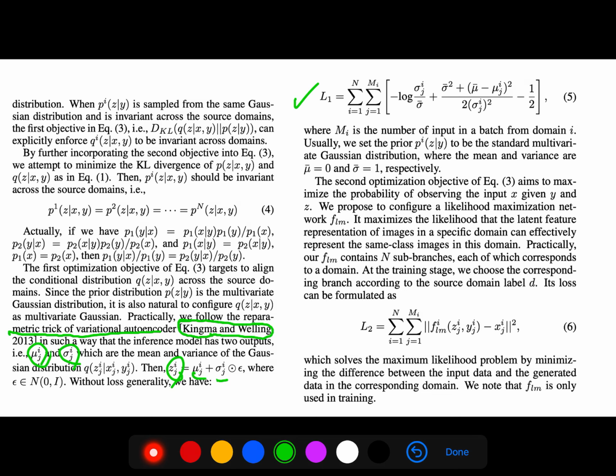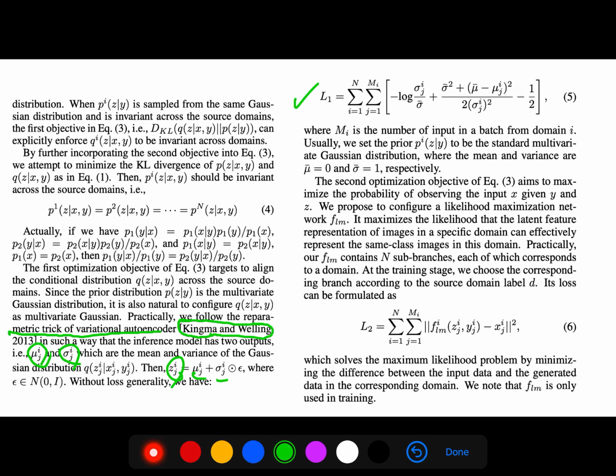The second optimization objective aims to maximize the probability of observing the input x given y and z. It maximizes the likelihood that the latent feature representation of images in a specific domain can effectively represent the same class images in the domain.